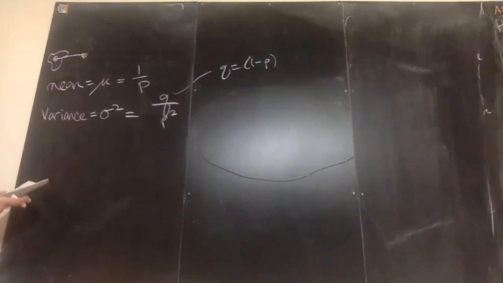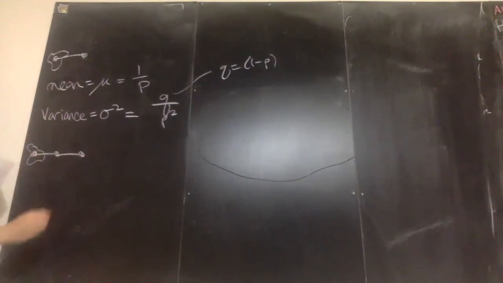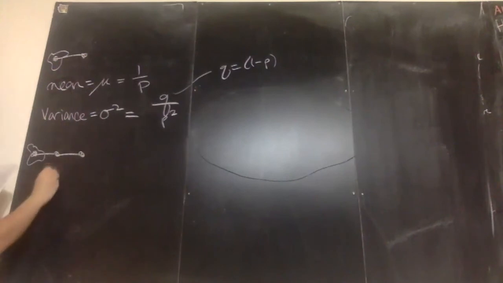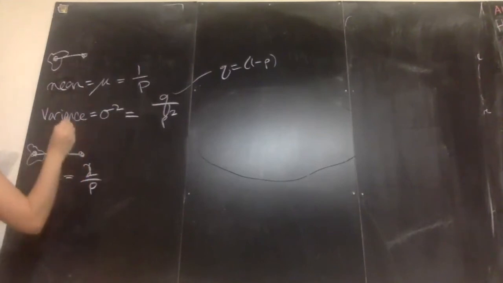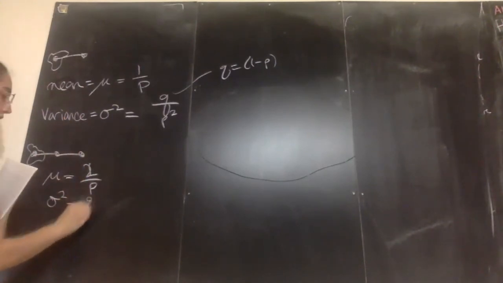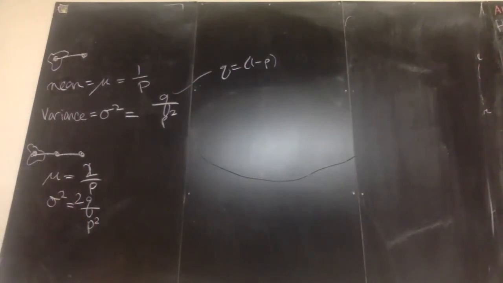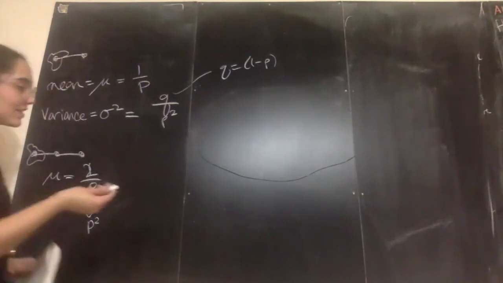And we calculated for this line, a line with an extra bit attached to it, the mean mu is equal to 2 over p, and the variance is equal to 2q over p squared. And you'll notice, hey, that looks pretty familiar, and that's because of our gluing theorem.